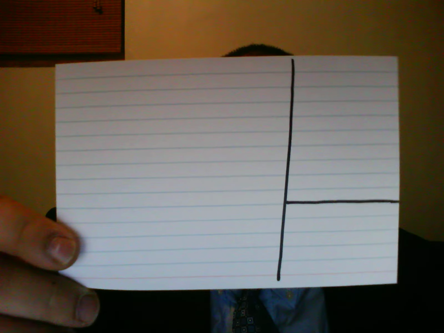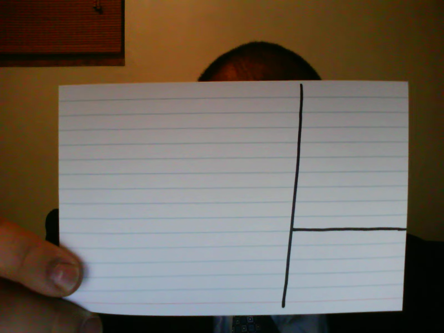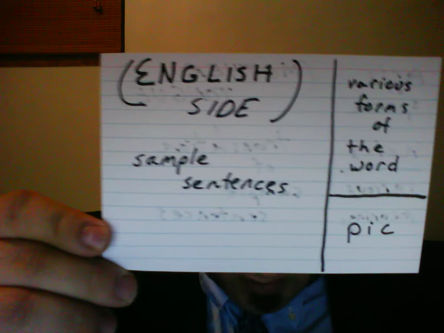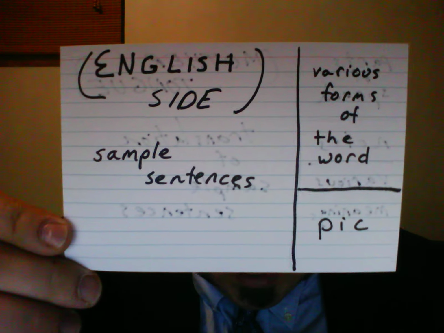Now the way these 3 sections will work is there's going to be an area for word forms, an area for the picture, and an area for sample sentences. So let me show you what that looks like. Here we go.